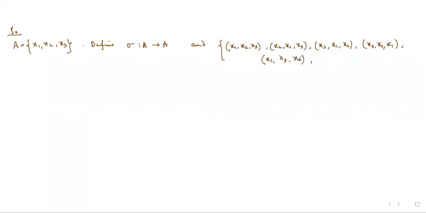This particular set will be denoted by capital G, where the operation denoted by star is the composition of the mappings.